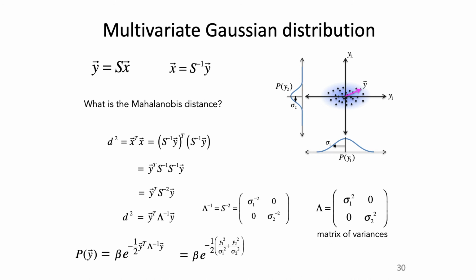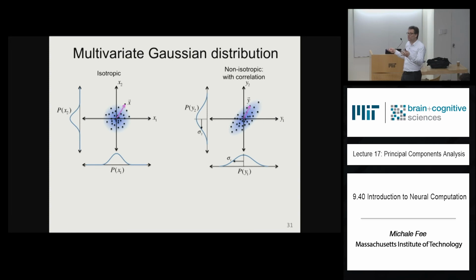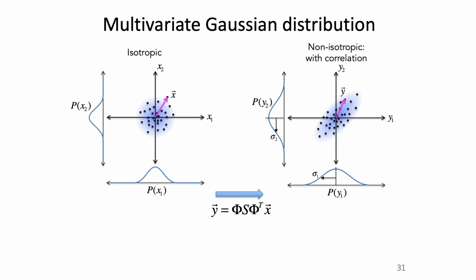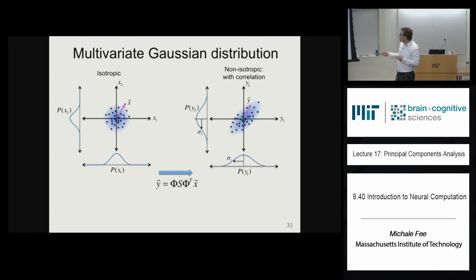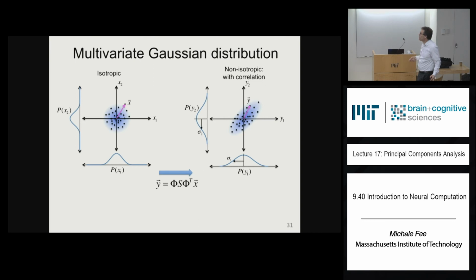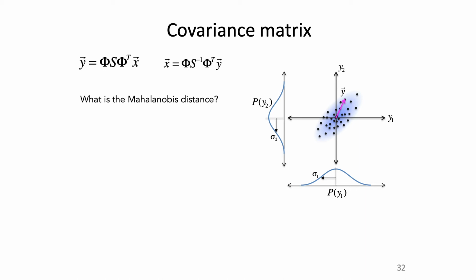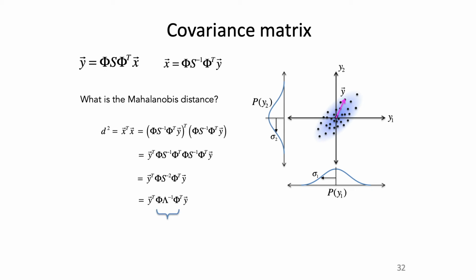All right. And now finally, let's build up an expression for a Gaussian distribution with arbitrary variance and covariance. So we're going to make a transformation of x into a new vector y using this rotated stretch matrix. We're going to substitute this in, calculate the Mahalanobis distance, which is now x transpose x, substitute this, and solve for the Mahalanobis distance.